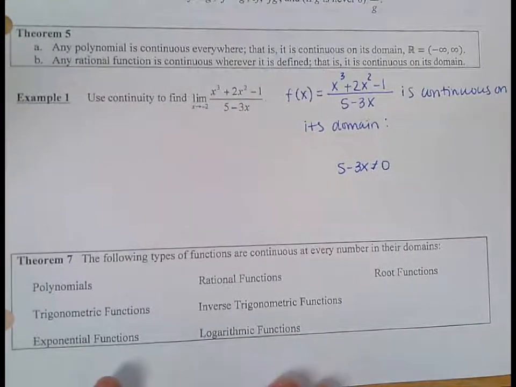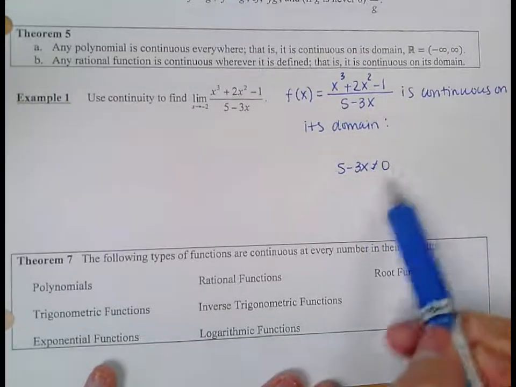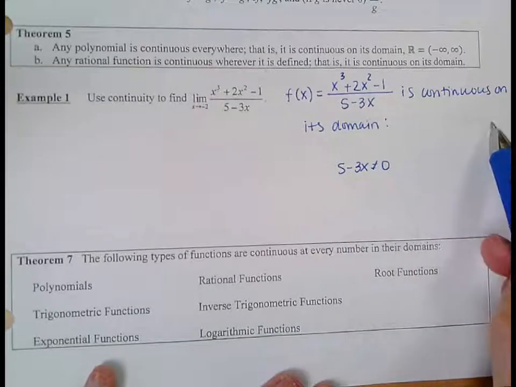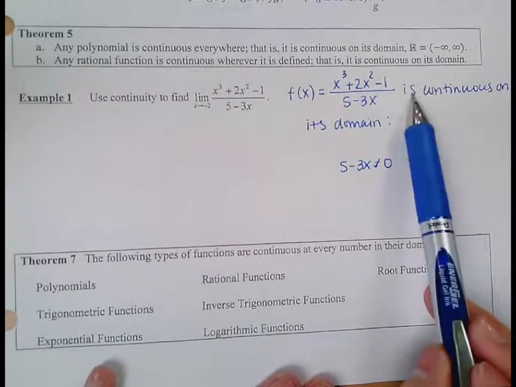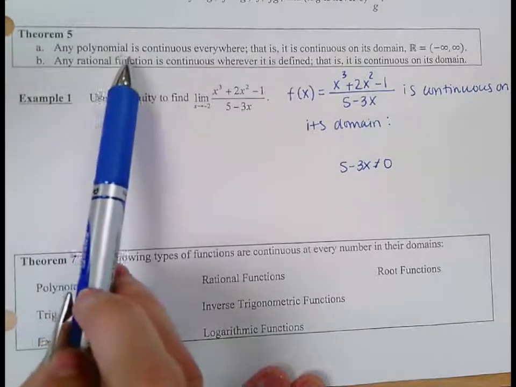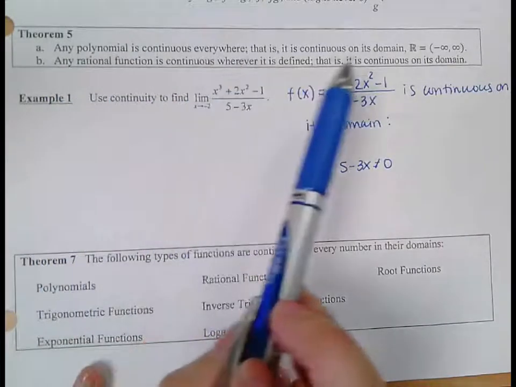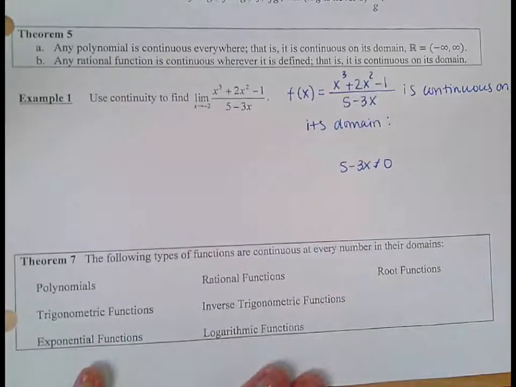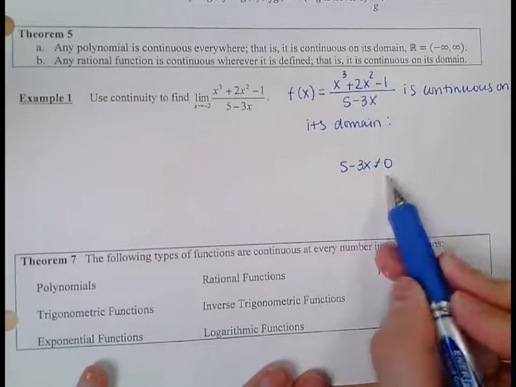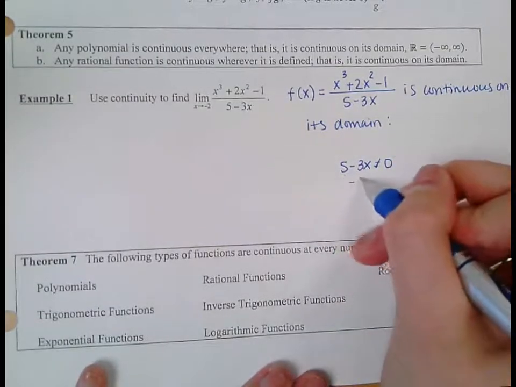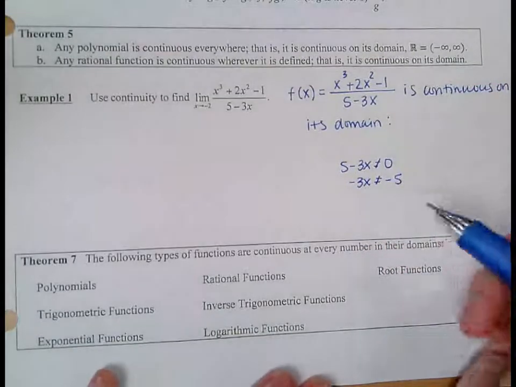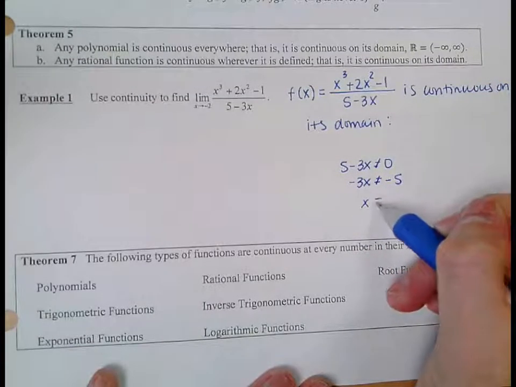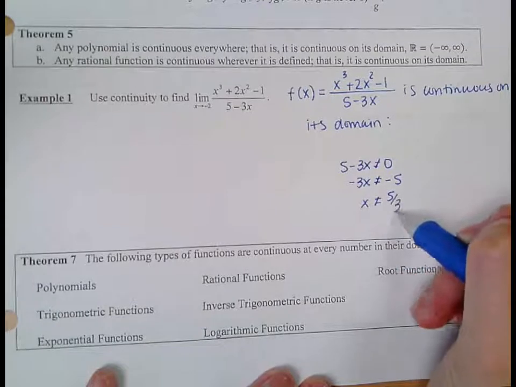It means it is continuous, but not everywhere, so we're finding where it isn't continuous. So we're going to list the intervals where it is continuous. That's why I said here, by this theorem above, it is a rational function, so it is continuous on its domain. So we're just finding that domain. If I solve this for x, subtract 5 from each side, so negative 3x cannot equal negative 5, and then divide by negative 3, so x can't equal 5/3.